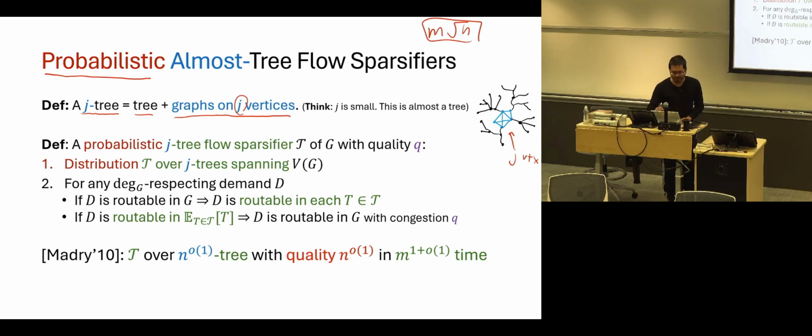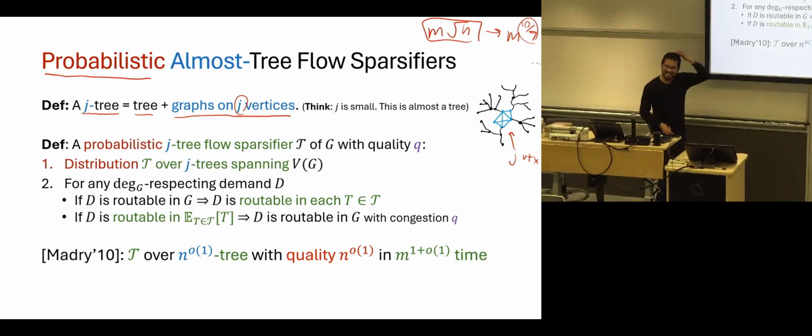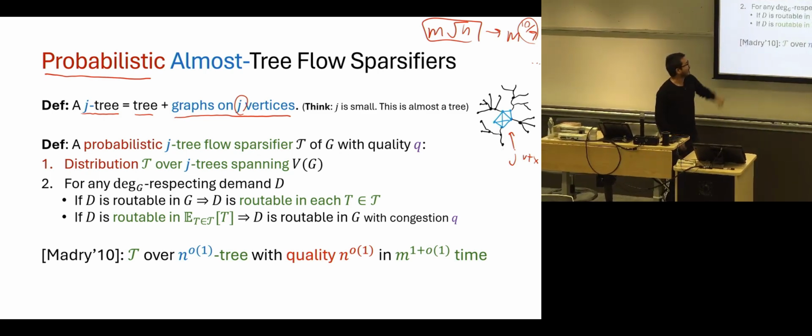And Madri is the one who first gave an improvement from m root n to m to the 10/7. This is like something like 1.4 something. So that's really impressive at that time. But now we know almost linear time. Yep. Anyway, he's now actually working at OpenAI. He quit theory, I think.